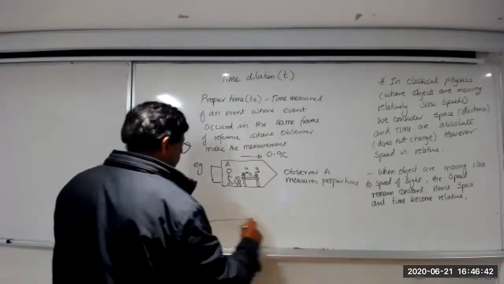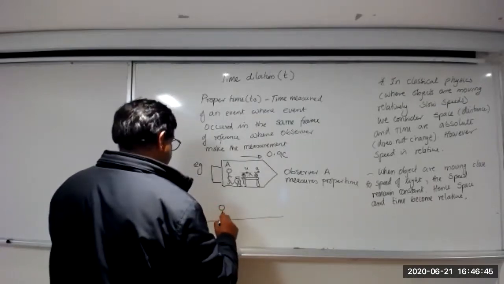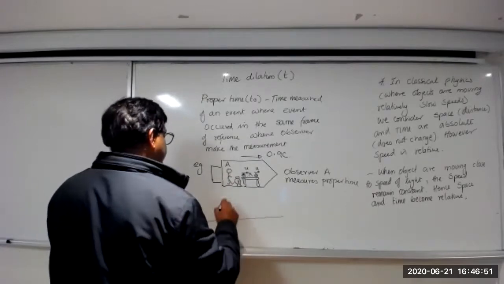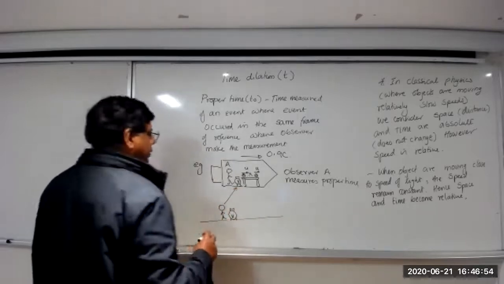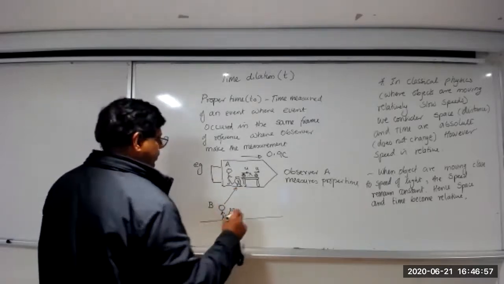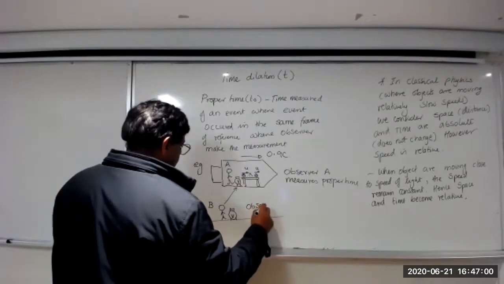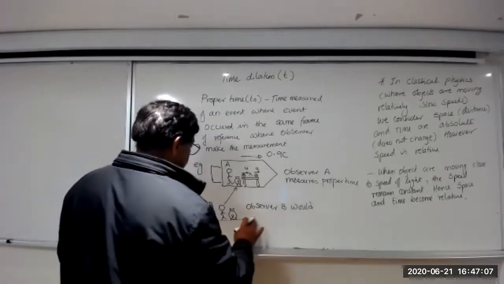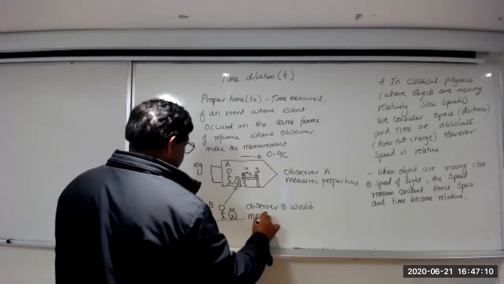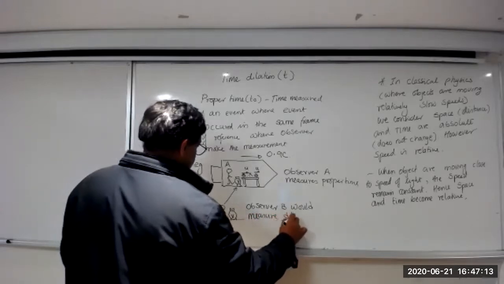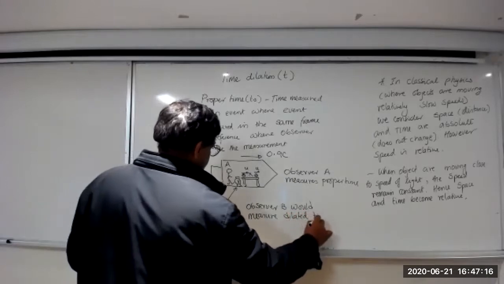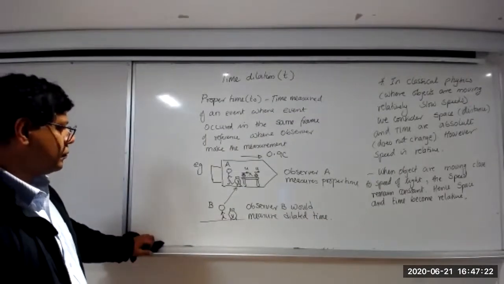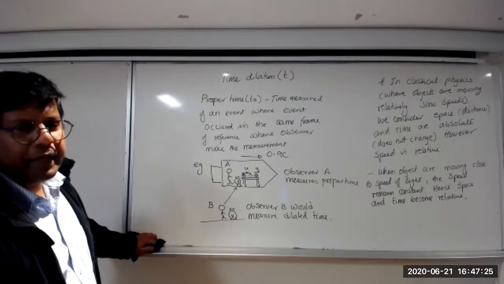And there's a guy outside on the ground. He's trying to make a measurement of that guy's clock. He would measure, he was looking at that clock, the observer B will measure the dilated time. Do you guys understand here the proper time and dilated time?